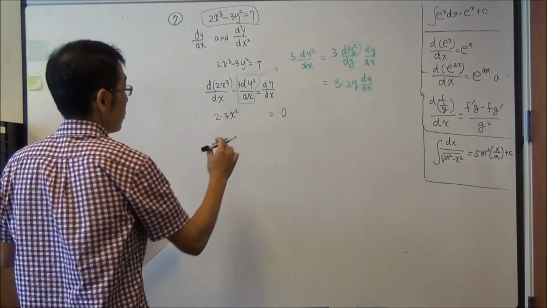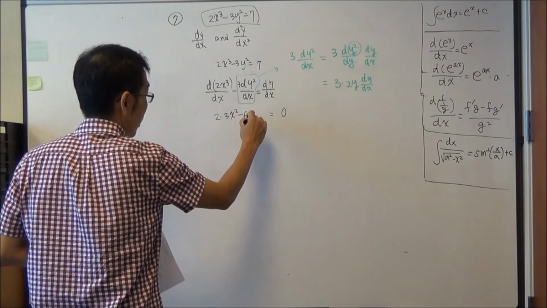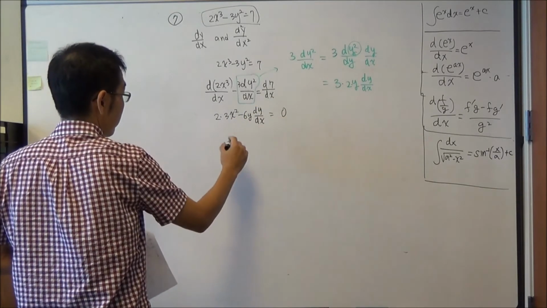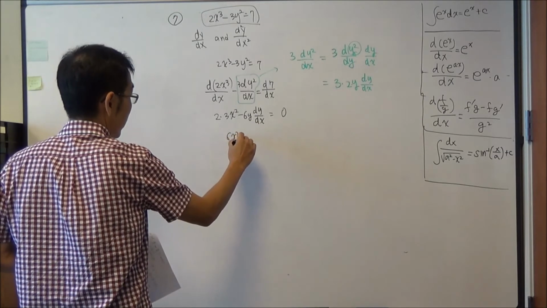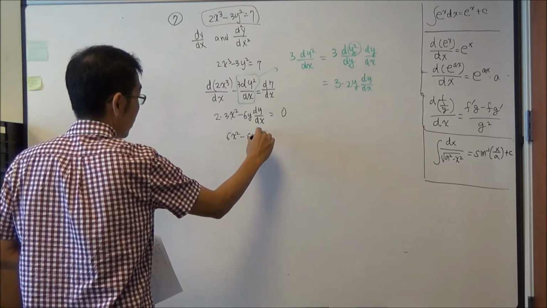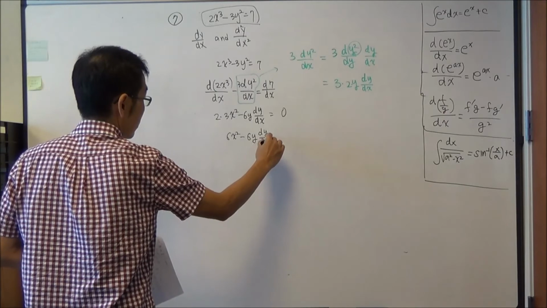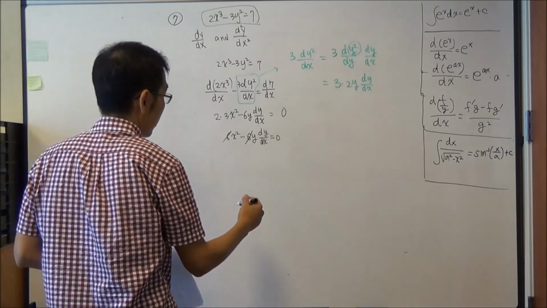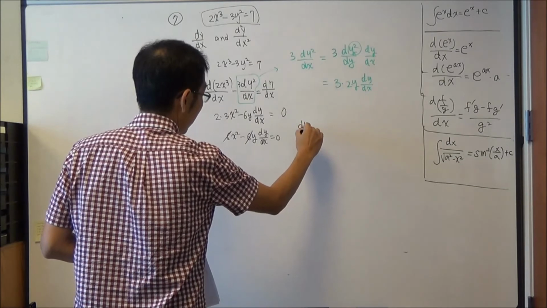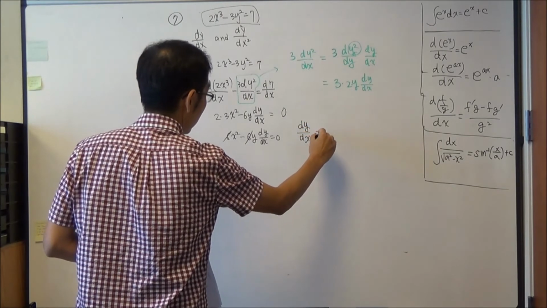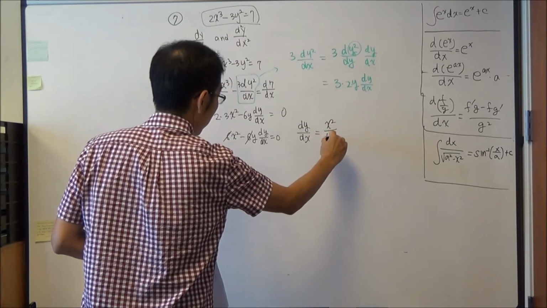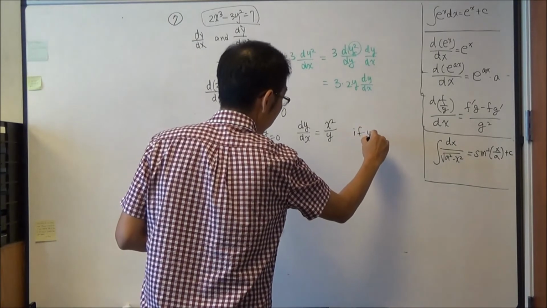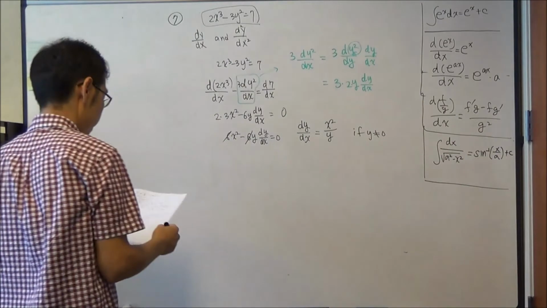So that's why this one becomes 6y dy over dx. On the left side is 6x squared. This 6y dy over dx is equal to 0. So the 6 cancels each other. So dy over dx is equal to x squared over y, if y is not 0.